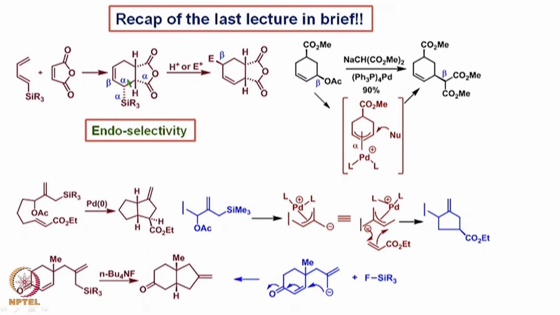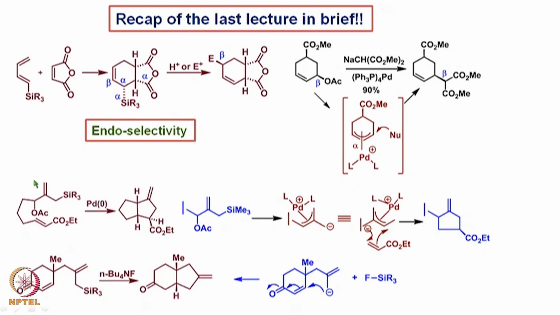So the regioselectivity of the double bond interacting with the electrophile was basically guided by the beta silicon effect. Now since this carbon silicon bond is alpha oriented, the carbon electrophile bond becomes beta oriented to avoid steric interaction. Of course this kind of endo selectivity is basically governed by the Diels-Alder reaction rules.